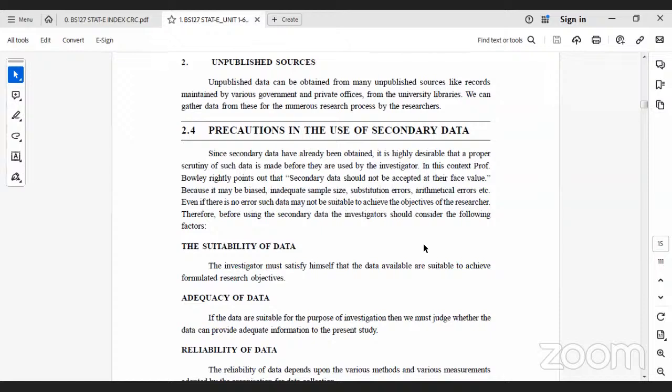As Professor Bowley rightly pointed out, secondary data should not be accepted at face value, because it may be biased, have inadequate sample size, substitution errors, or arithmetical errors. Even such data may not be suitable to the objectives of the researcher.